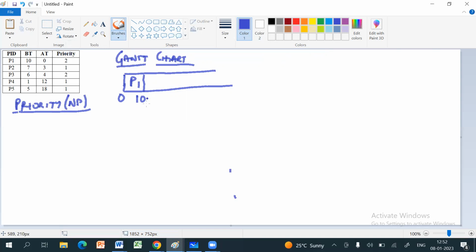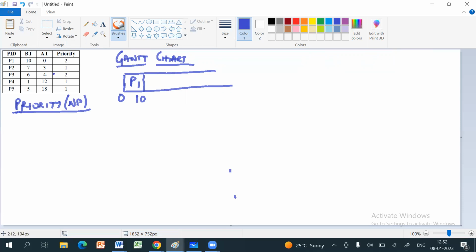Now the current time is 10. In the meantime, P2 and P3 have also arrived, with arrival times 3 and 4. But we are now working with the priority technique here, so we are more worried about the priority. As I told at the beginning, I am assuming that a lesser number indicates a higher priority.